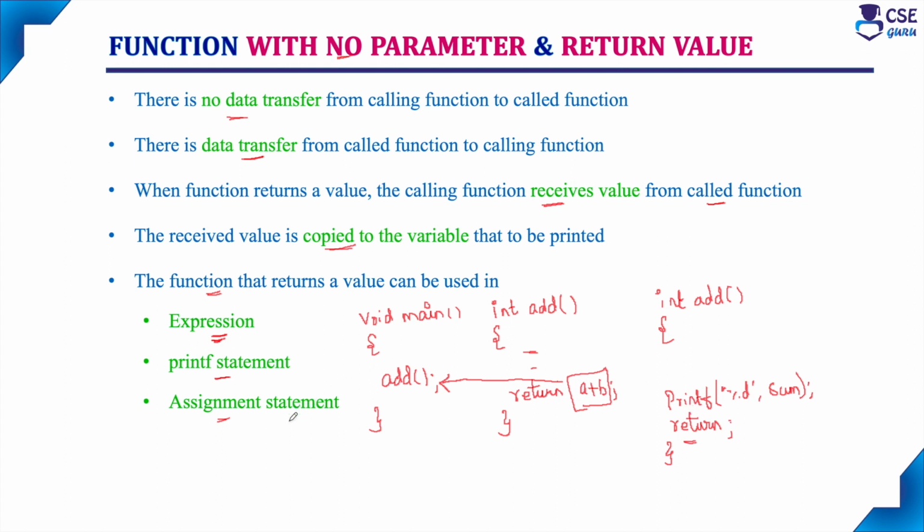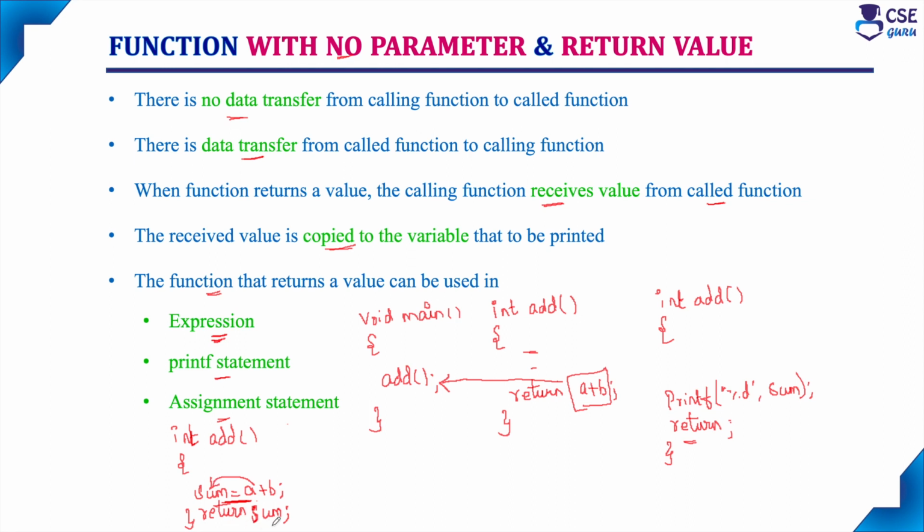And for the assignment statement, consider the user-defined function with the assignment statement sum is equal to a plus b, and return sum. The result of a plus b will be stored in sum and it will return sum.